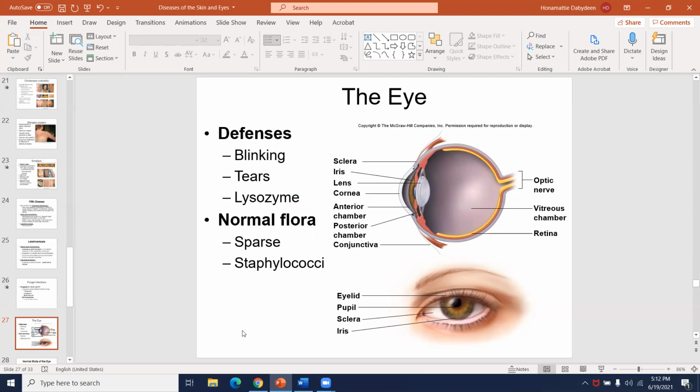Of course, you're going to have normal flora too. Sparse, but they're there. A lot more than was normally thought of, but a lot of organisms that are generally found on the skin, you can find them around the eye, not in the eye itself, but around the eye, because the skin is so closely connected.